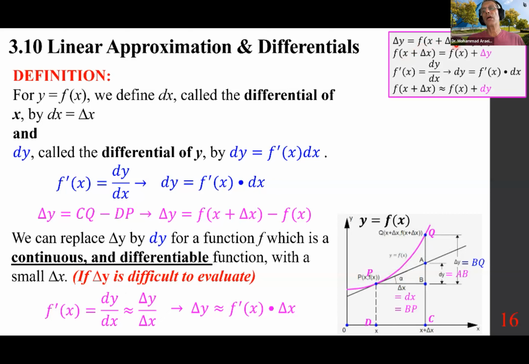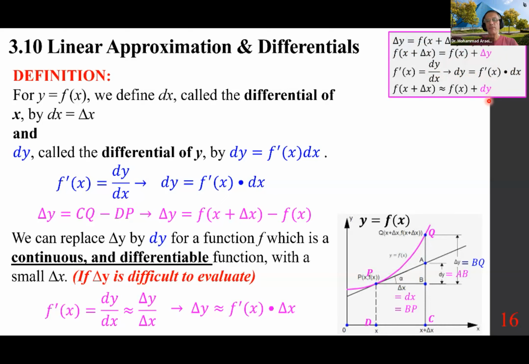Delta y is precisely f of x plus delta x minus f of x. If I move things around, please understand this equation and this equation just move things around. We know f prime is dy/dx, which makes dy equal f prime of x dx. Now this delta y, we can replace with dy as an approximation.